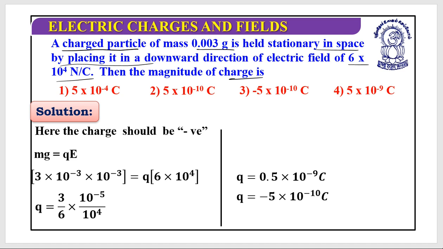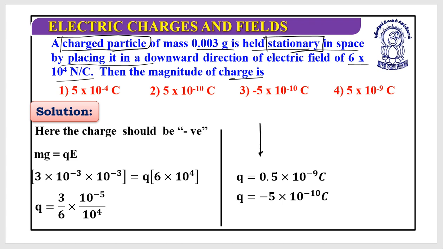First, look at this. They have said a charged particle. They did not say a positively charged particle or a negatively charged particle. So that decision must be taken by you, which kind of charge it would be. Second, it is held stationary. That means the net force on that charged particle must be zero by placing it in a downward direction of electric field.